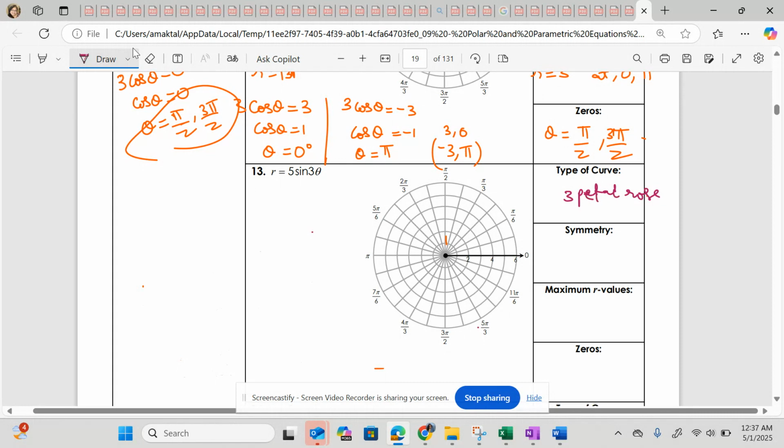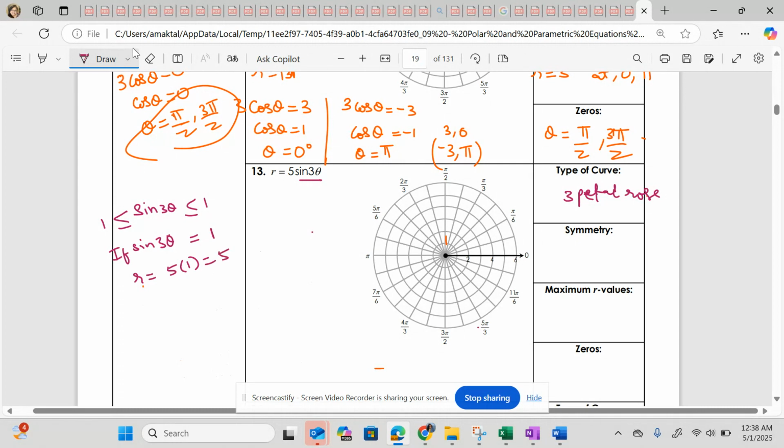And what else do we know? It's sine 3 theta. Okay, so the sine value is always fluctuating between positive 1 and negative 1. And if you notice, it's the same in every problem. If sine 3 theta is equal to, let's go for the maximum value 1, then your function r is going to be 5 times 1, which is 5.